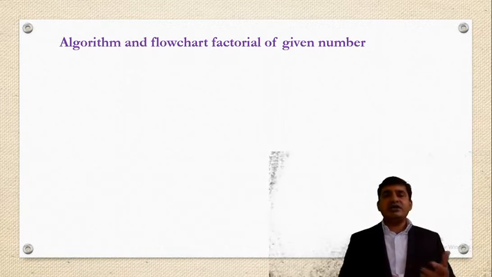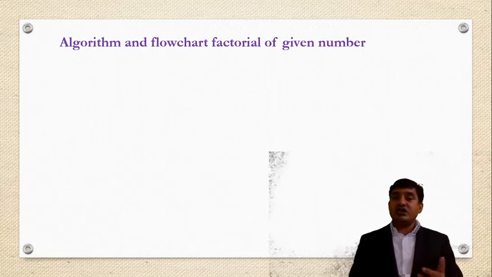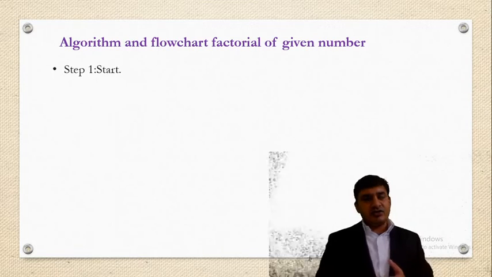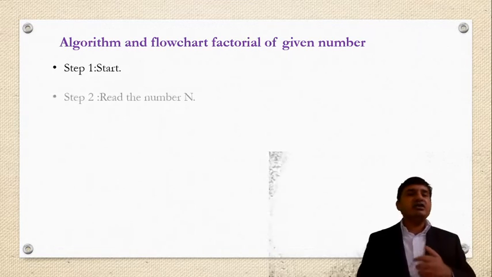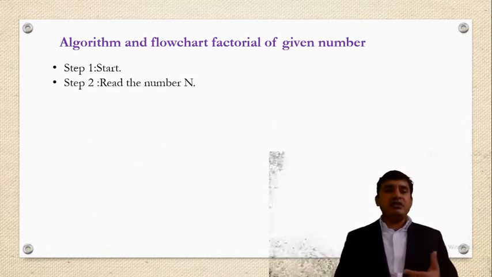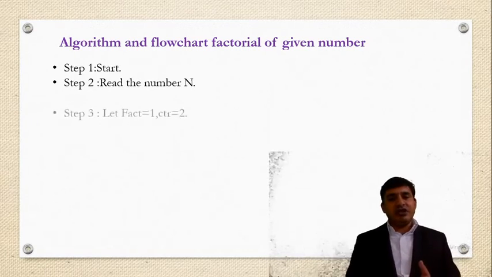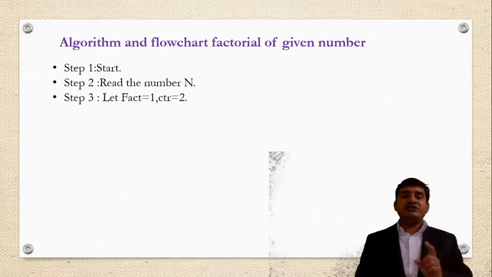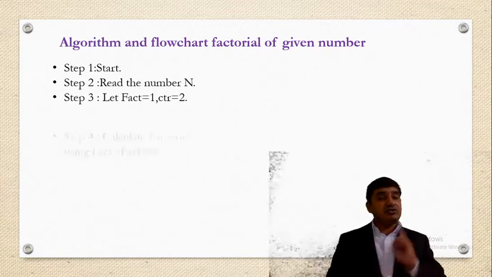Okay, next is algorithm and flowchart to find the factorial of a given number. First step is start. Second, read a number n, that is the number whose factorial we have to determine. Consider fact equal to 1 and ctr, that is counter, equal to 2.